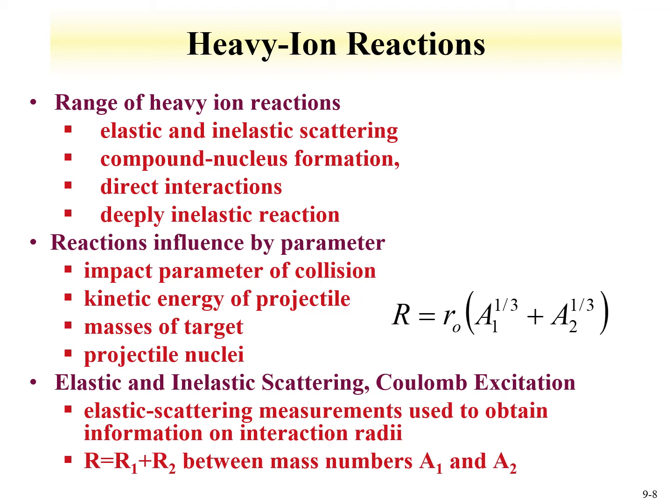It's a function of the radius. It's also influenced by the kinetic energy of the projectile and the mass of the target and projectile nuclei. The masses of the target and projectile nuclei are going to have an influence on the Coulomb barrier. So you can get information about probabilities or behaviors from scattering and Coulomb excitation based upon the radius information, which comes from the mass of the projectile and the mass of the target.